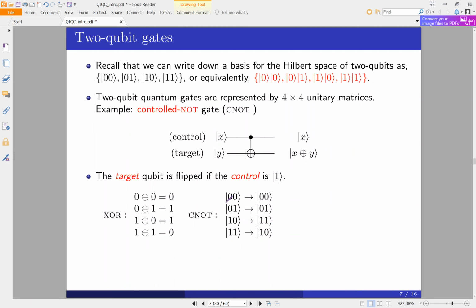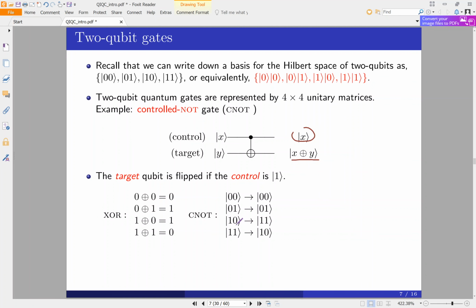So one can explicitly write out a truth table for the CNOT gate like this. If the input state is 0, 0, the output is 0, 0 because 0 XOR 0 is 0. If the input is 0, 1, the output is again 0, 1 because the control is 0, and the target is just 0 XOR 1, which is 1. Now when the control is 1 and the target is 0, the control qubit is still 1. But now you see the target, which was originally 0, has become 1 because of the XOR operation.